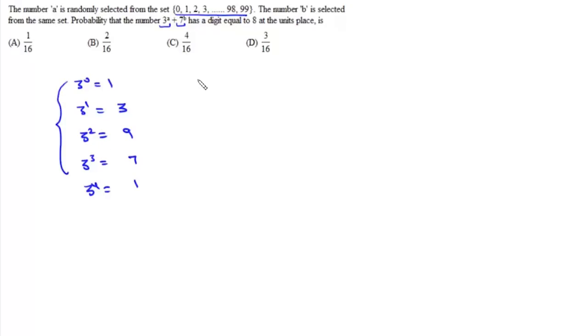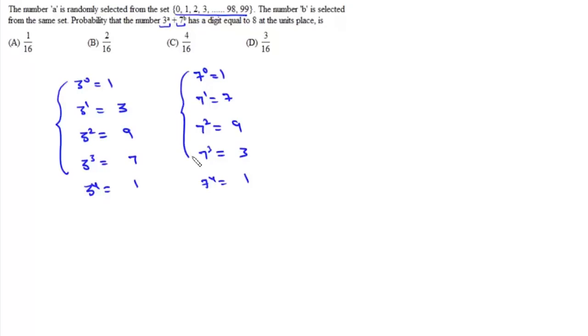Then the same way we look at powers of 7. 7 to the power 0 is 1. 7 to the power 1 is 7. 7 square has 9 in the units place. 7 cube has 3. And 7 to the power 4 has 1. Again, we'll have these values repeated after every 4 power.